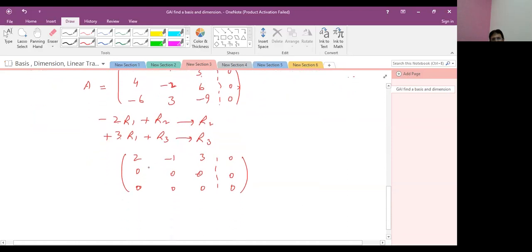It means the first equation, if you write it in this way, 2x minus y plus 3z is equal to 0. If we find the value of y, 2x plus 3z.